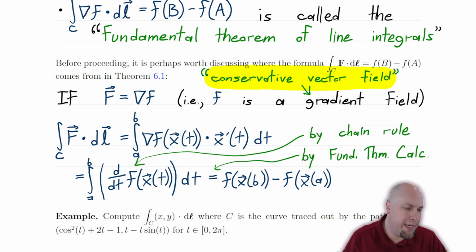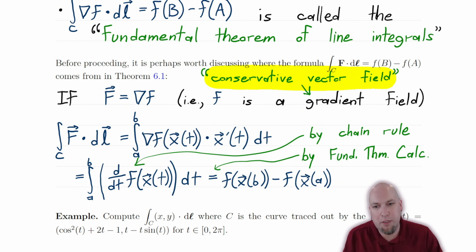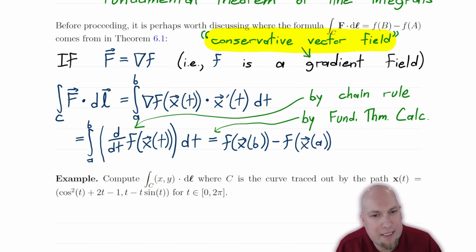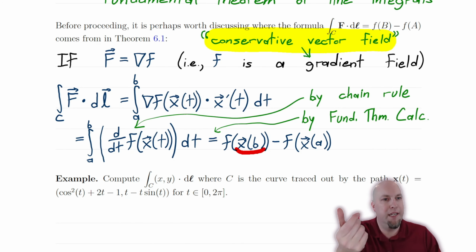Regular good old-fashioned fundamental theorem of calculus tells me that that had better equal this function f of x with the endpoints plugged in, with b plugged in on one side and a plugged in on the other side, and you just subtract. When I plug little b into the path x, I get one of the endpoints of the curve that path traces out.